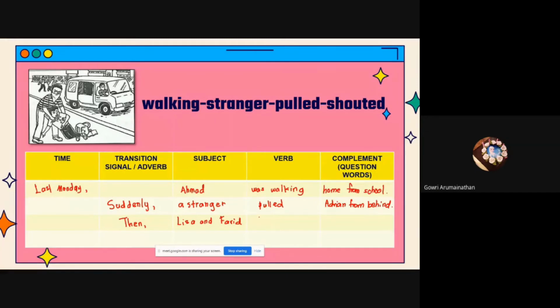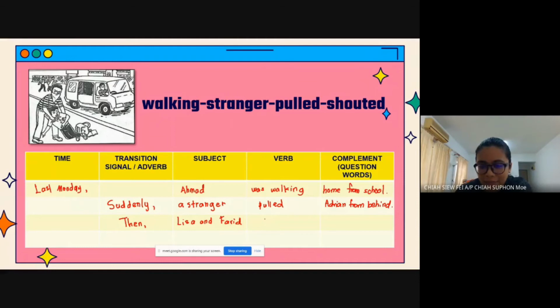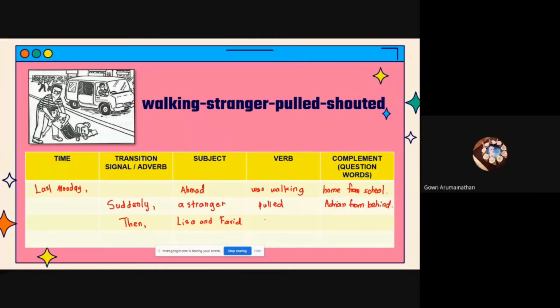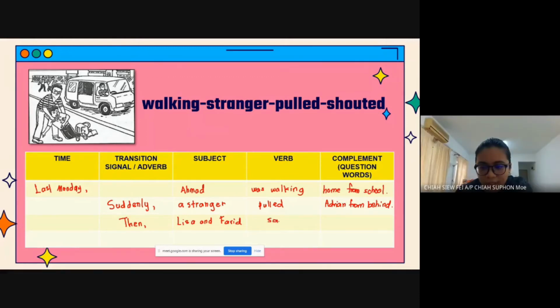Saw the masked man and shouted at him. Saw the masked man. Okay. And shouted at him is all the complement. You don't have to go back to the verb anymore. Because our main verb is saw. So here you will continue in the complement.